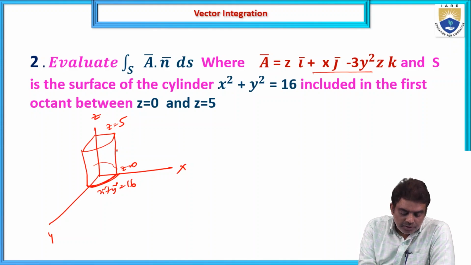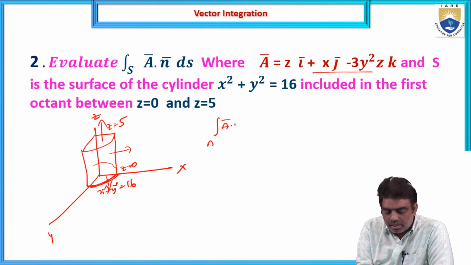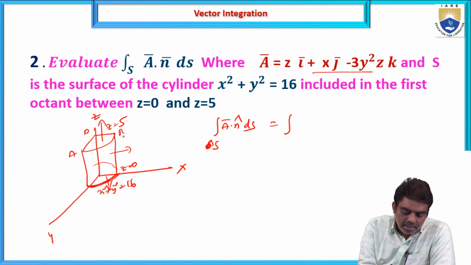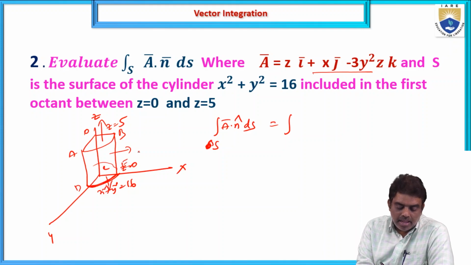First octant means you have to find this, and this integral of a bar dot n cap into dS over the surface S is equal to the integral over this one OAB and this is CDE, along AB, along ABED.